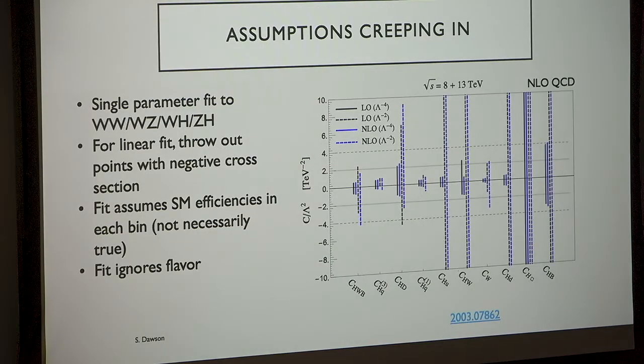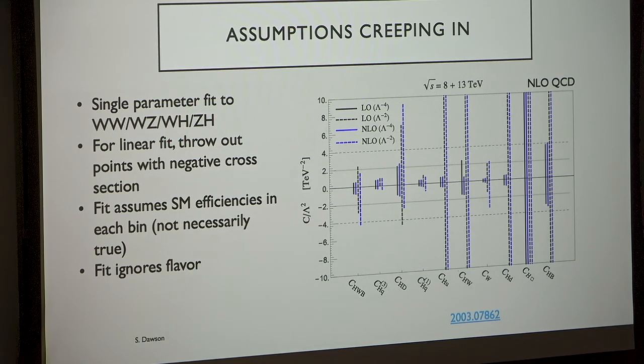Okay, so now assumptions are creeping into our beautiful global fits. This is an example of where these assumptions are creeping in. This is a fit just to Higgs data and diboson data at the LHC for W pair production, WZ production, WH production, and ZH production.